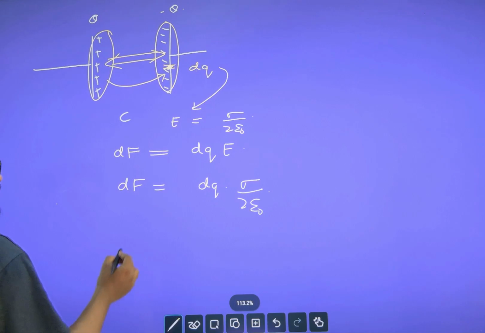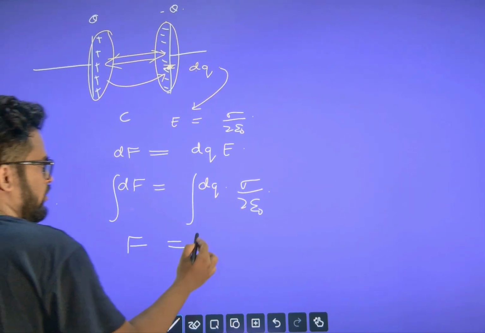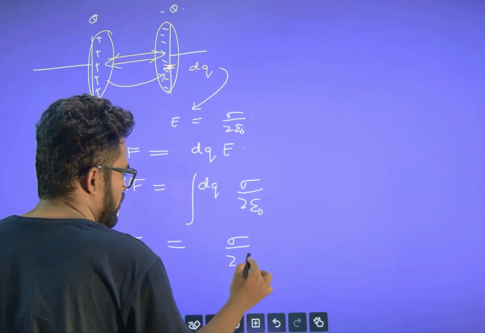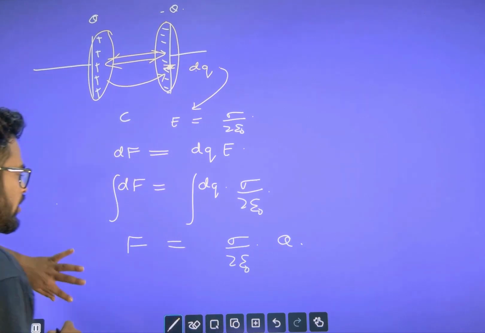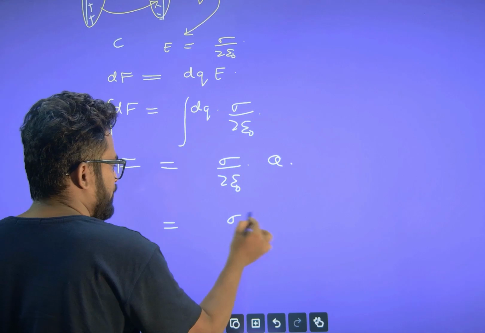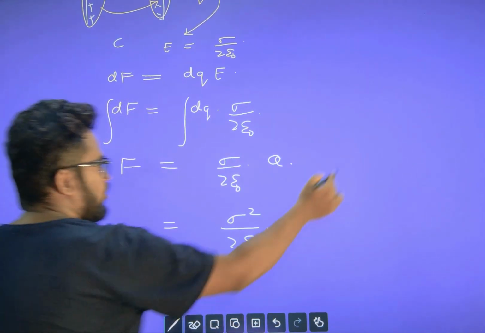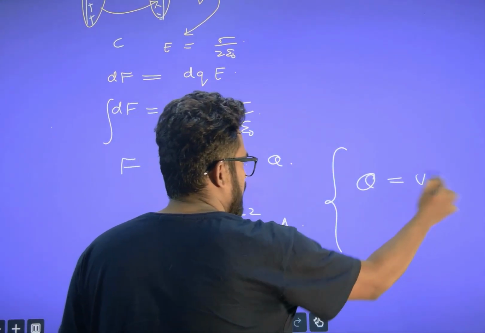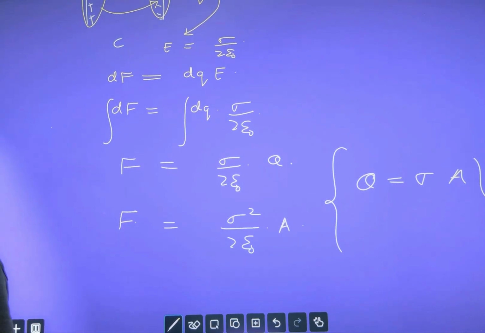Now we can integrate both sides to get the total force. So total force would be sigma by 2 epsilon naught outside, integral of dq would be q. Now we can write q equals sigma into a. So sigma square by 2 epsilon naught into a, because charge is density into area. So that is force. Okay.